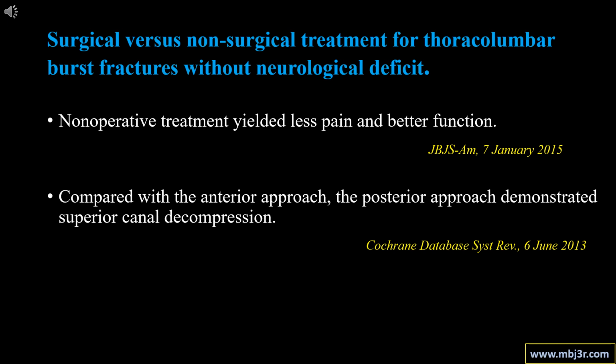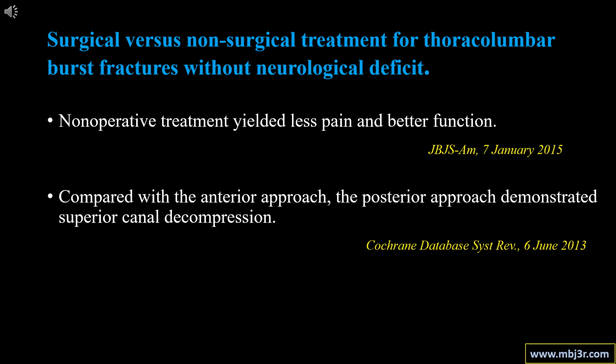Surgical versus non-surgical treatment for thoracolumbar burst fractures without neurological deficit. There is an ongoing debate whether to operate on complete burst type fractures without neurological deficits. Treatment of these fractures varies considerably between geographic regions and ranges from conservative treatment to combined anterior-posterior surgery. One small randomized trial with a long-term follow-up suggested that non-operative treatment yielded less pain and better function.